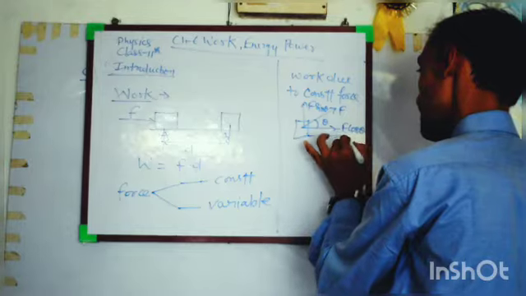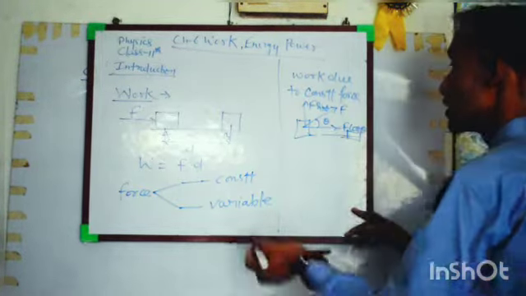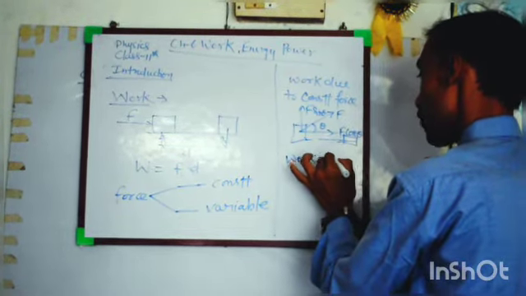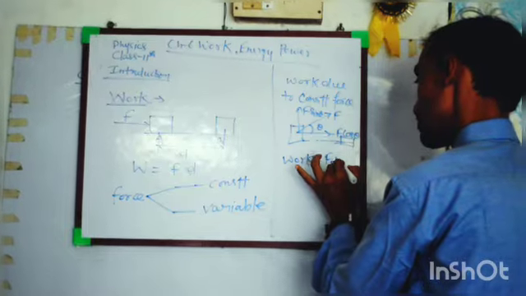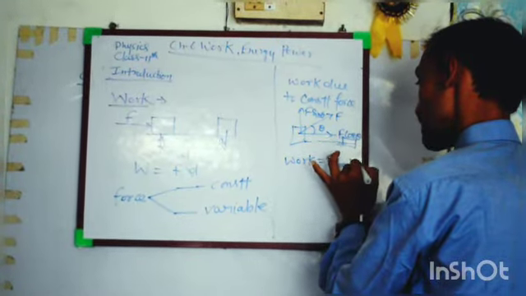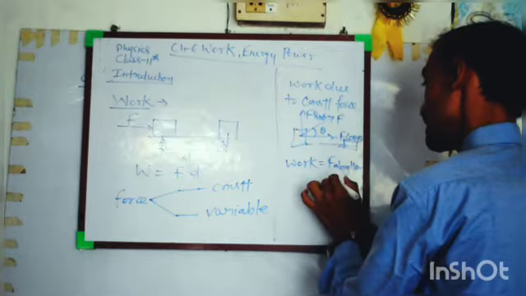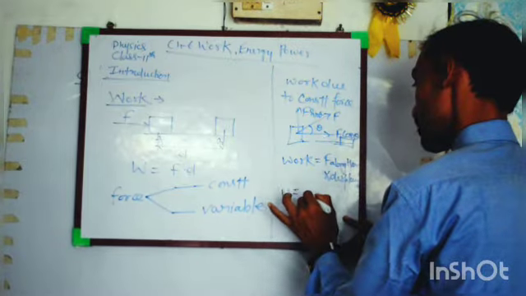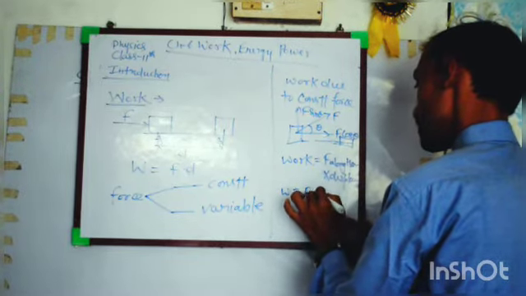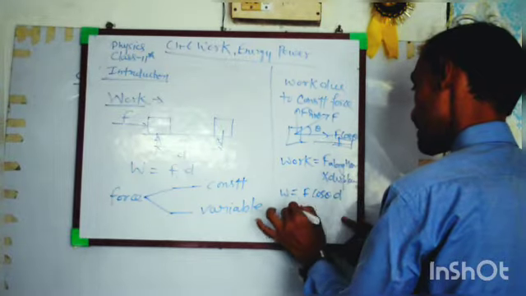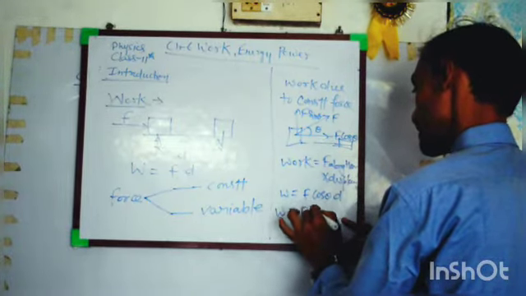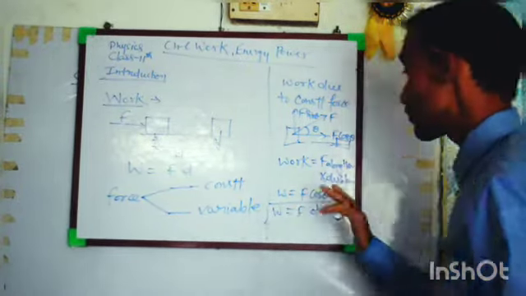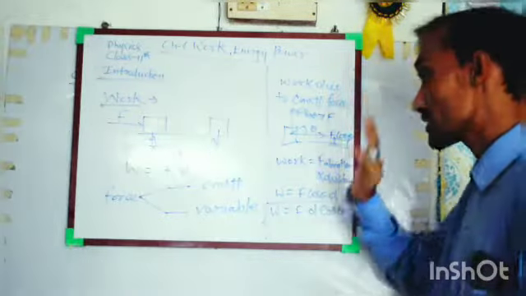Work will be the force along the horizontal component into the displacement, so W is equal to F cos theta into D, which can be written as FD cos theta. This is the form of work for a constant force.